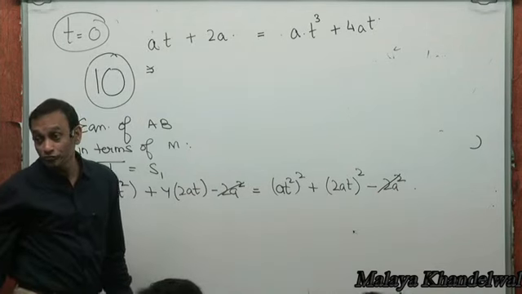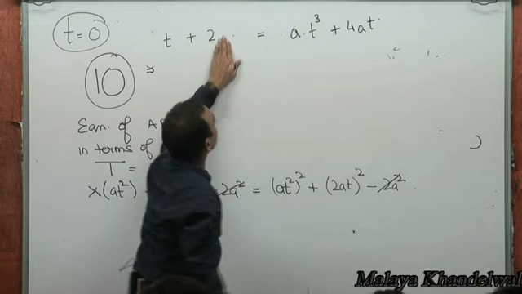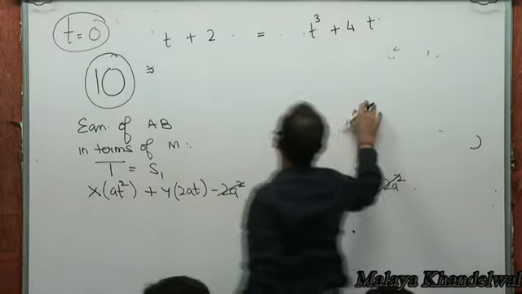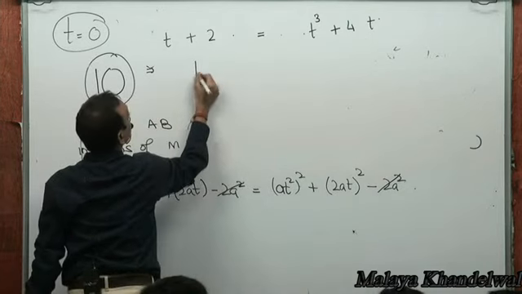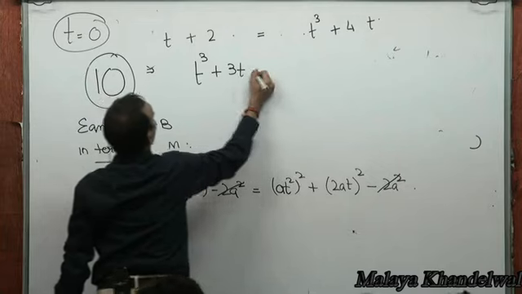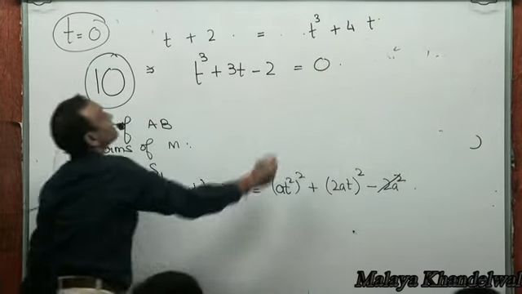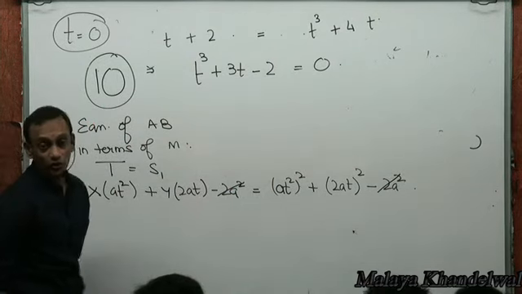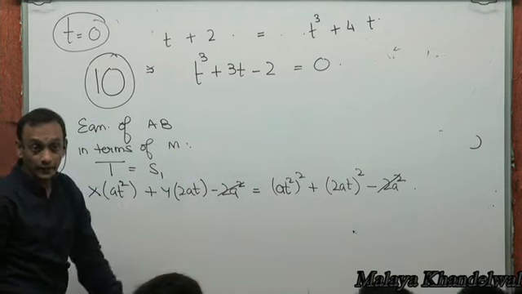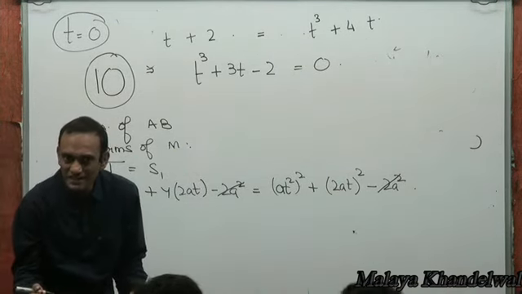Another a will get cancelled, right? We end up getting t cubed plus 3t minus 2 equal to 0. Now I have to figure out the number of real roots of this cubic.